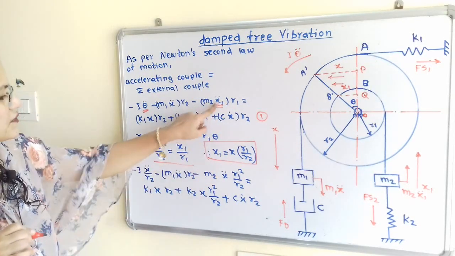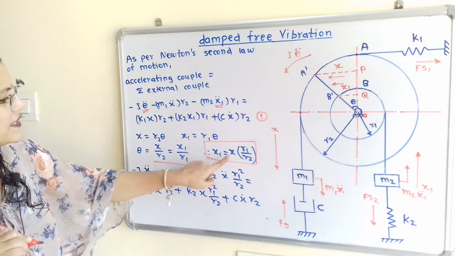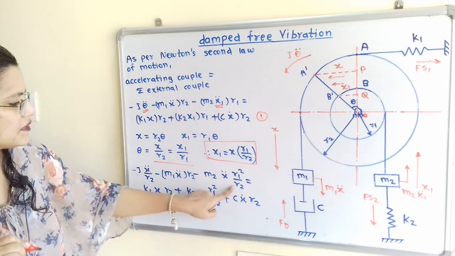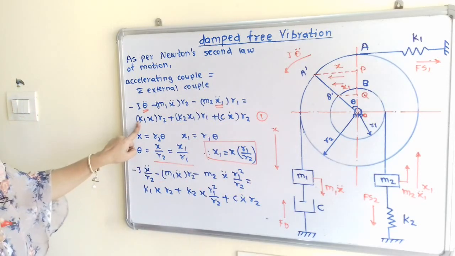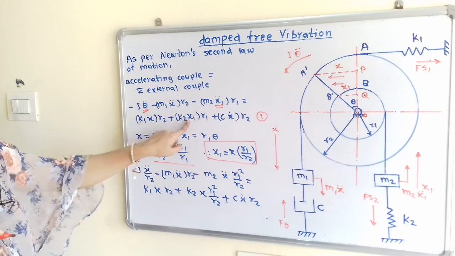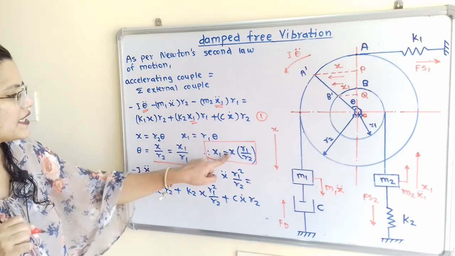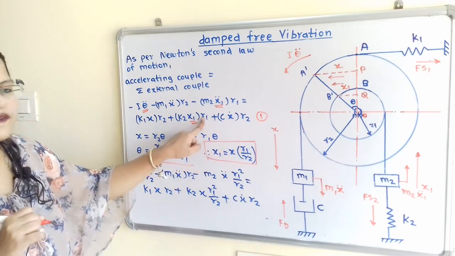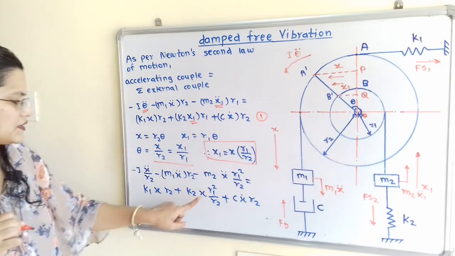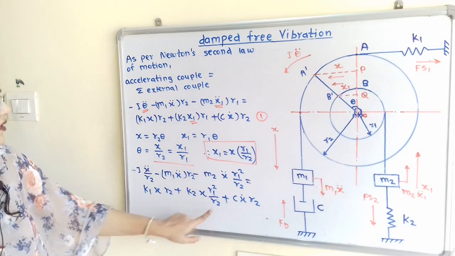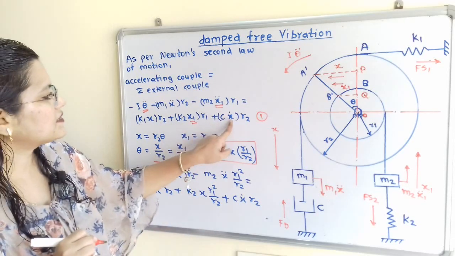So instead of x1 double dot we write x double dot r1 by r2, and here we get r1 square by r2, is equal to K1 x r2 plus K2 x1 r1. Now instead of x1 we put x r1 by r2, so r1 multiplied by r1 is r1 square. So K2 x r1 square by r2 plus C x dot r2.